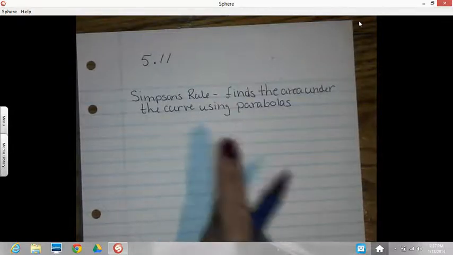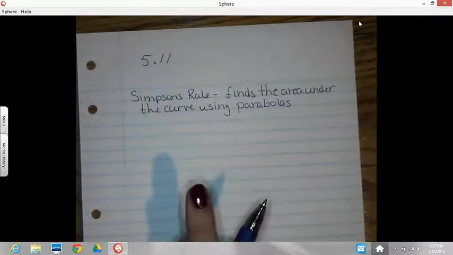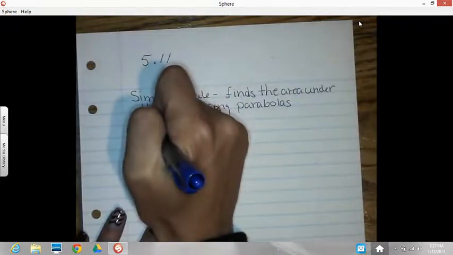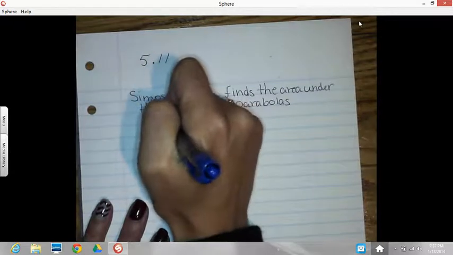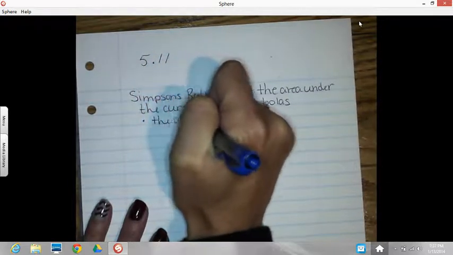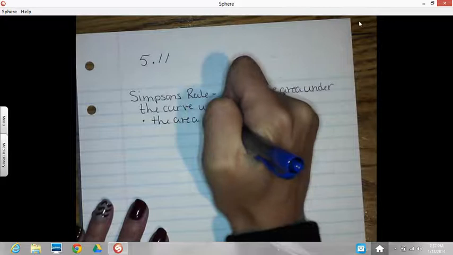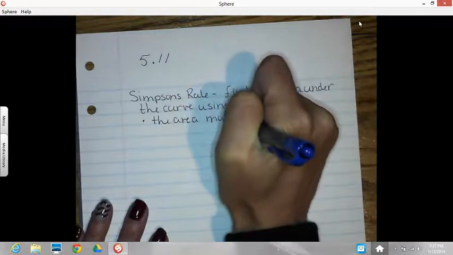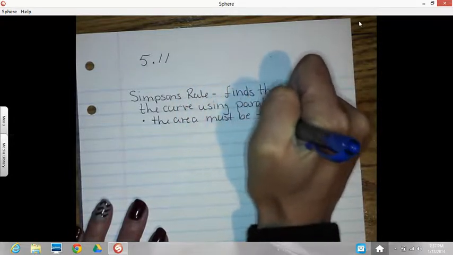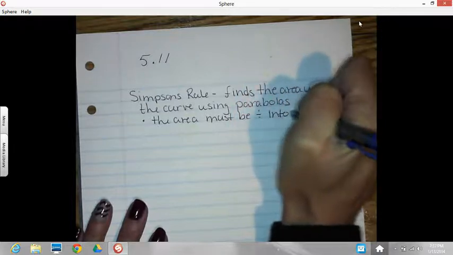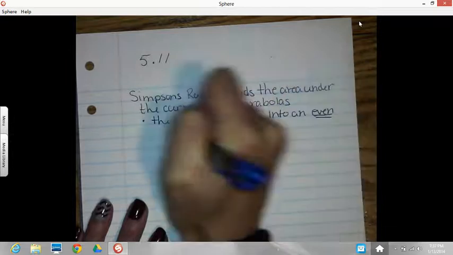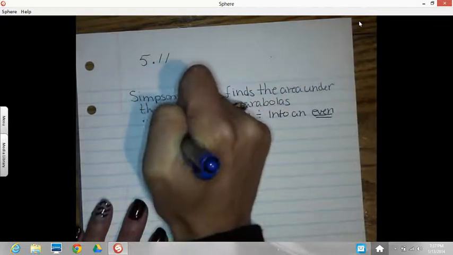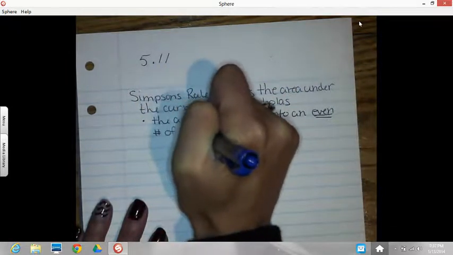So, two things to keep in mind with Simpson's rule: the area must be divided into an even number of subintervals.